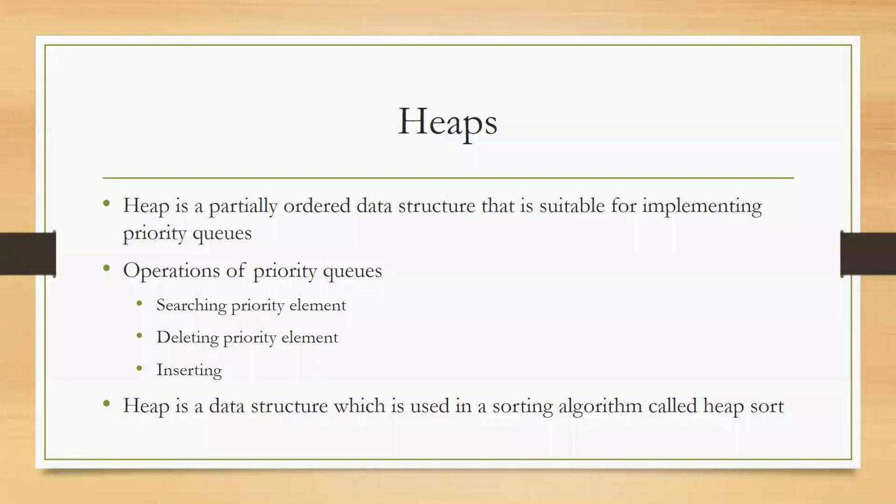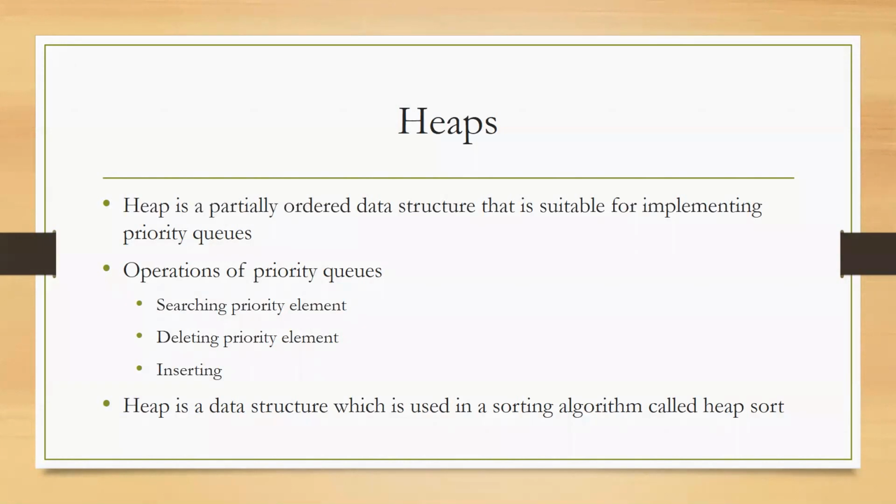What is meant by a priority queue? A priority queue is a data structure where deletion of the element is based on the priority. I can insert using any method, in any order, but the deletion takes place using the priority of the elements. For example, take an ascending priority queue or a descending priority queue. Descending priority queue means I can insert elements in any order, but while deleting, only the maximum valued element should be deleted first.